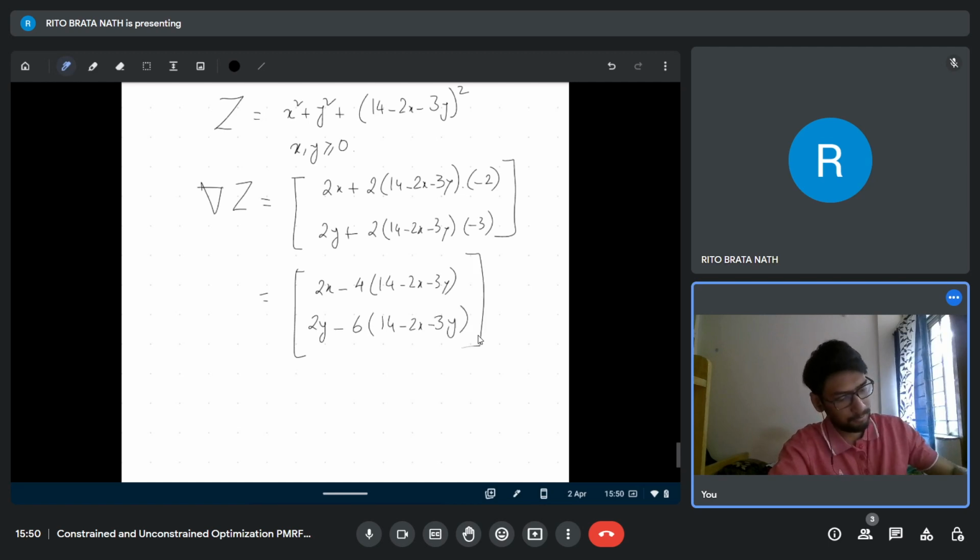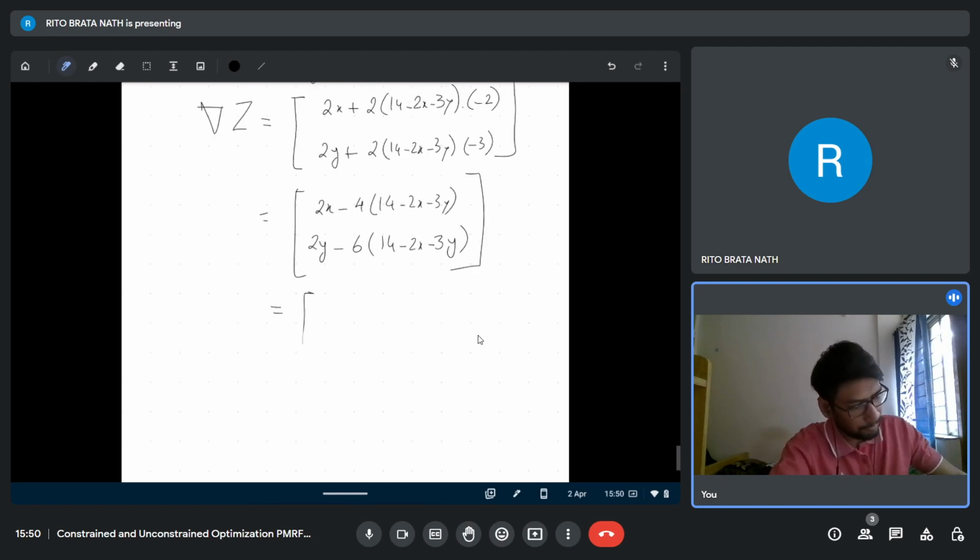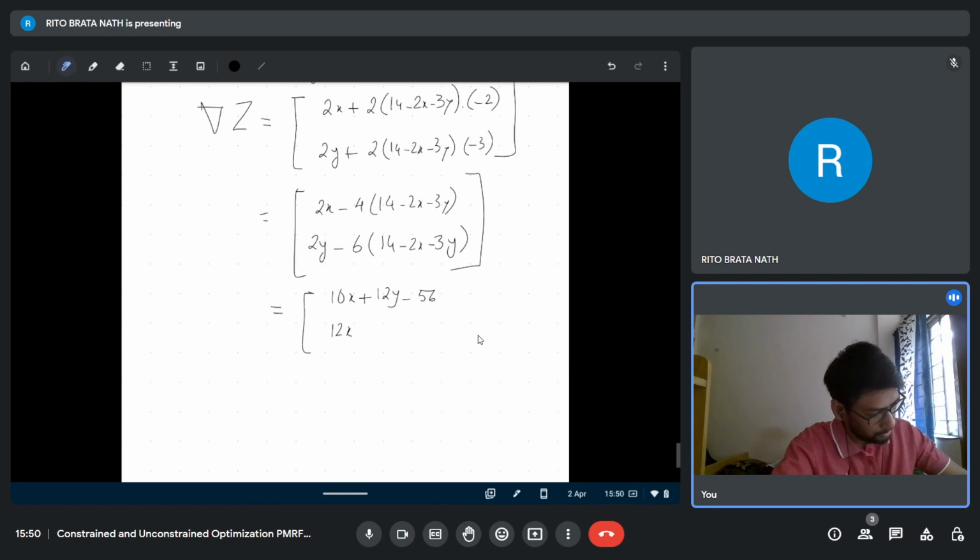Okay, now if you simplify it, this becomes 10x plus 12y minus 56, and this becomes 12x plus 20y minus 80. Okay, this you can set to 0, 0.